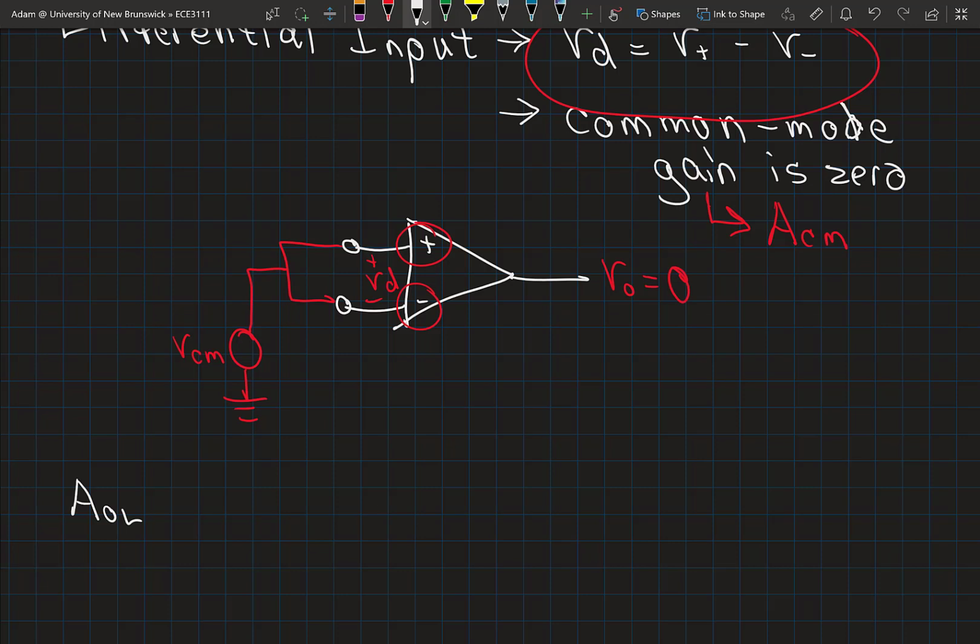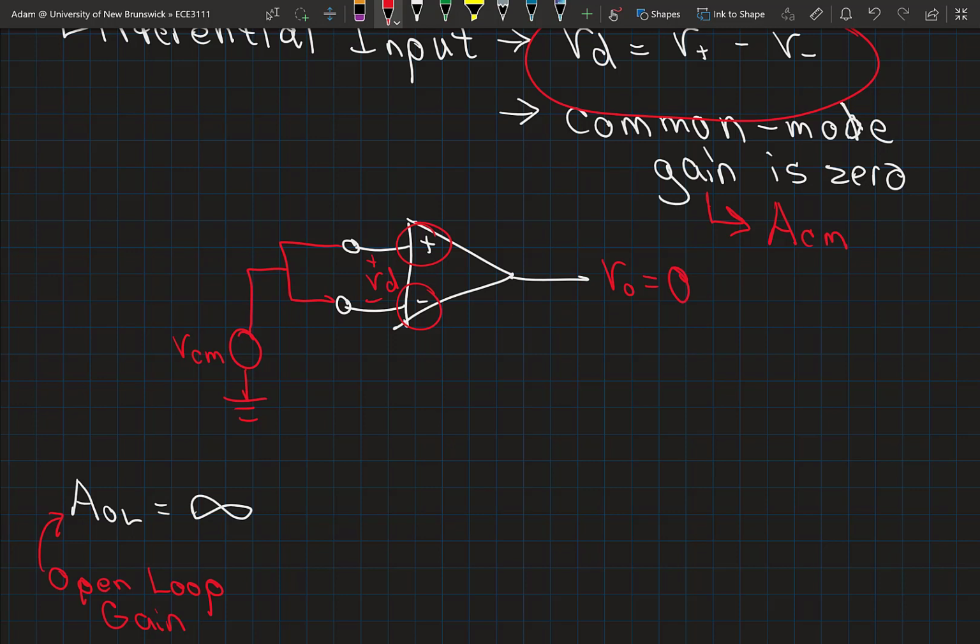The other thing that we stated up above is the open loop gain. I'll just define it here again using the symbol that we usually use for open loop gain. That's A subscript OL. Okay, so this is open loop gain. Open loop gain we often assume to be infinite.